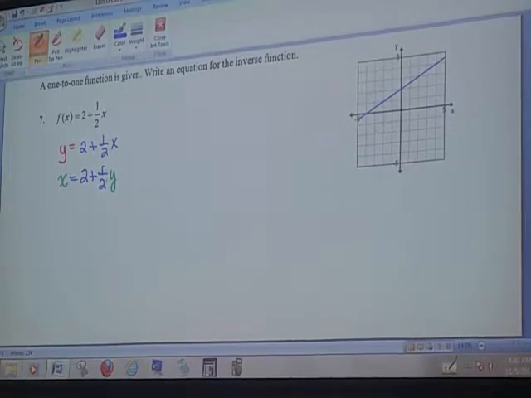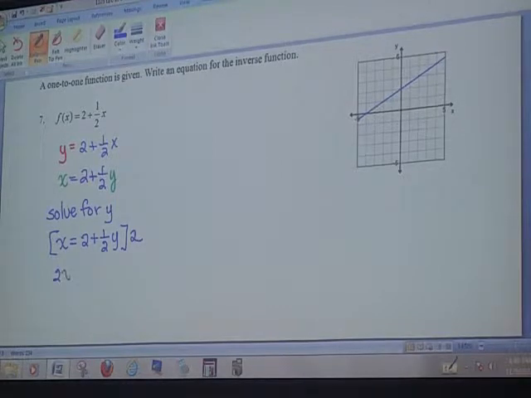Now I'm gonna solve for y. So that means I need to multiply by 2, because I don't need that denominator there annoying me. Put the 4 on the other side.